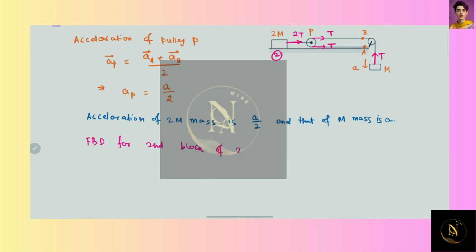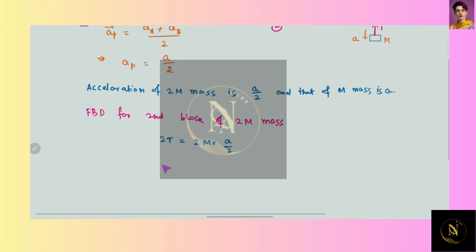As the second block is having acceleration of a by 2, I can write that the net force on the second block is 2T, that has to be equal to mass, which is 2m, into a by 2, and this implies that T equals m a by 2. Let's say this is my equation number 1.